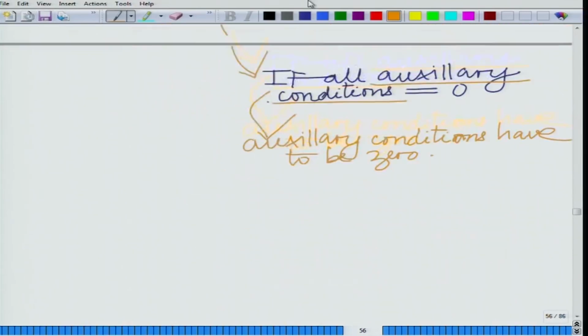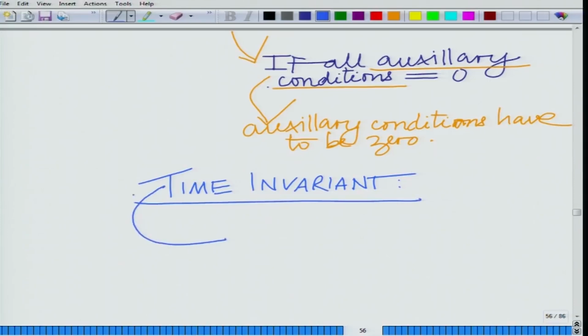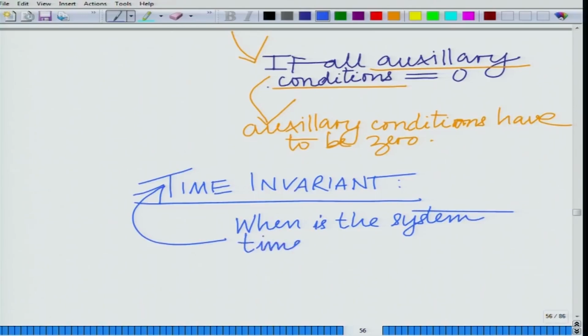Now, further, when is the system described by the differential equation above time invariant?